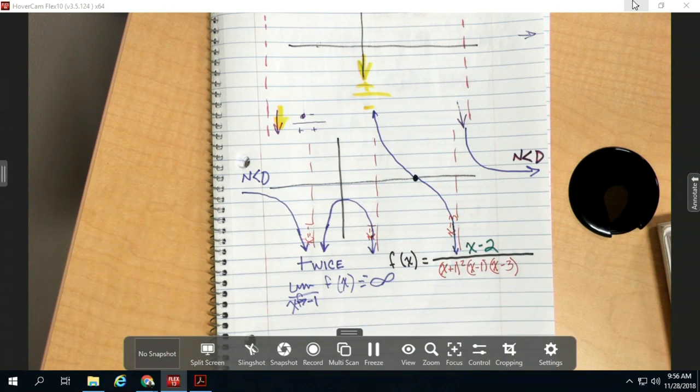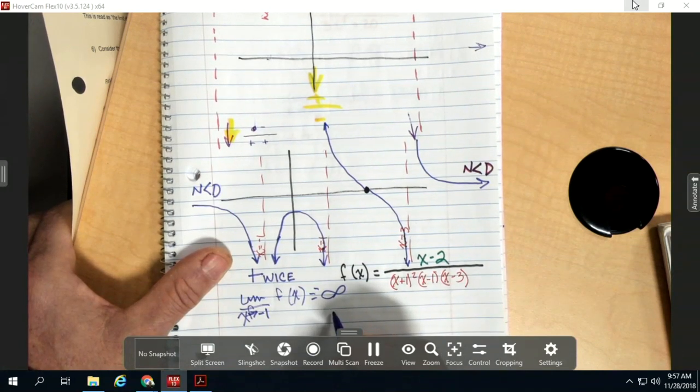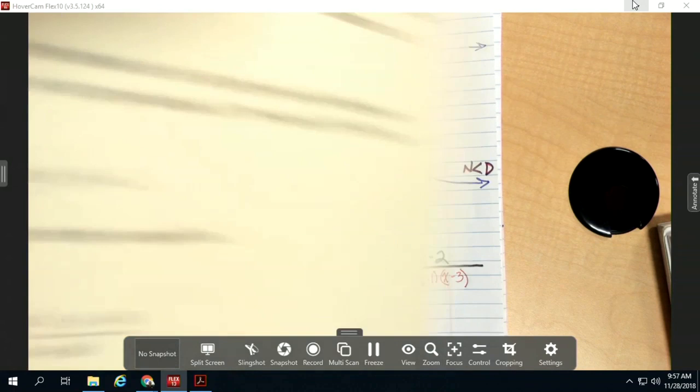As you get closer and closer to -1, the graph just keeps on going down and down and down and down. Okay.